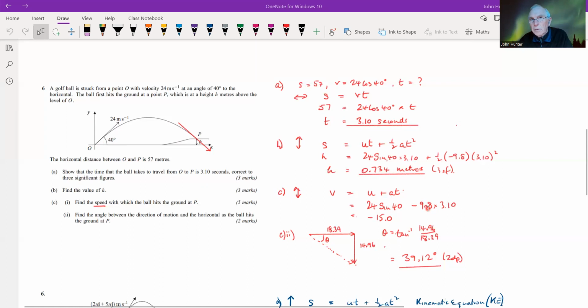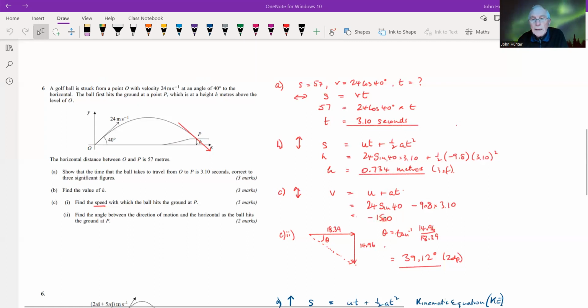Our positive direction's upwards, so our acceleration is minus 9.8 times the time. And essentially that's going to give us a velocity of minus 15. Why is it minus? Well, because our frame of reference is upwards, and it's coming downwards. So it's going to be minus 15. And had it been positive, we probably would have made a mistake.